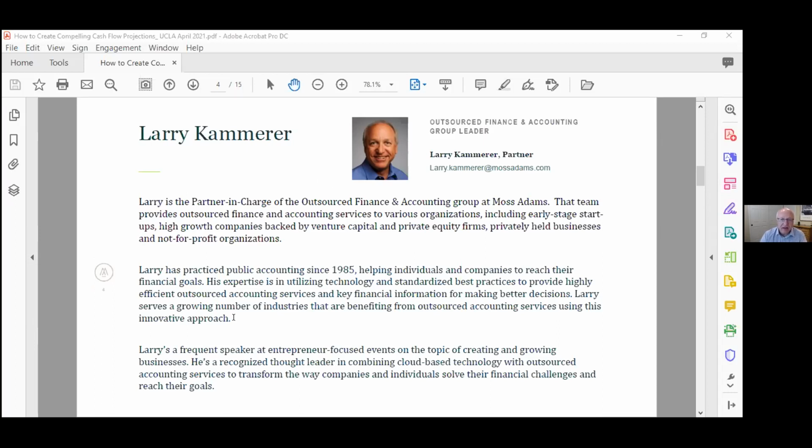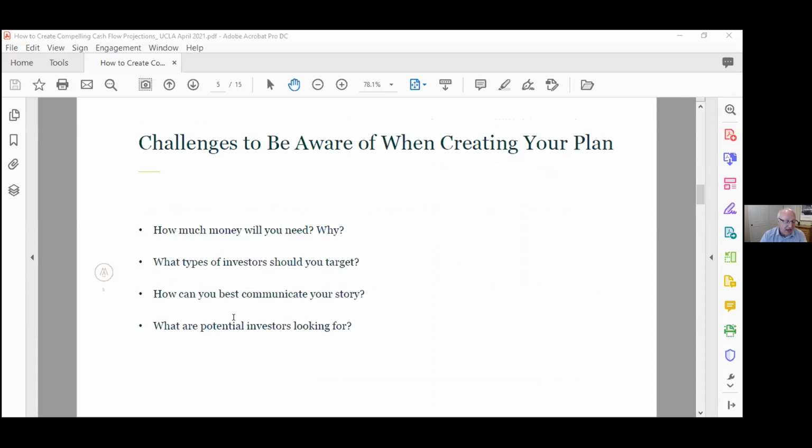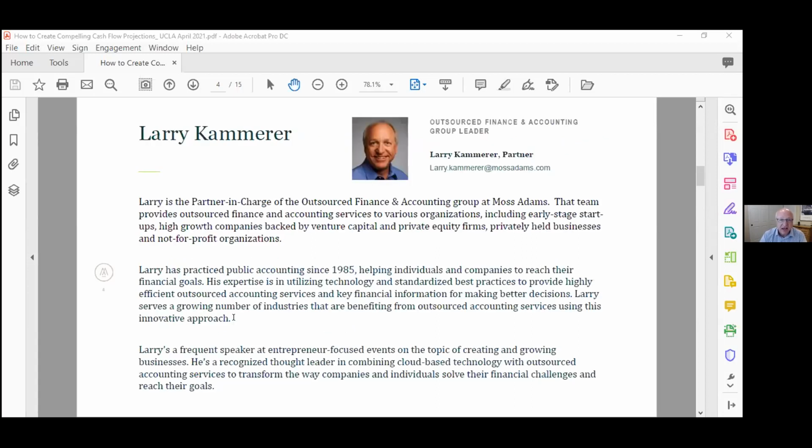This topic is fun for me because, like I said, accountants are always in the past. This is looking forward, which accountants rarely do. The other thing that's different about this for accountants is that there are no hard and fast rules about how to look forward and do a cash flow projection.